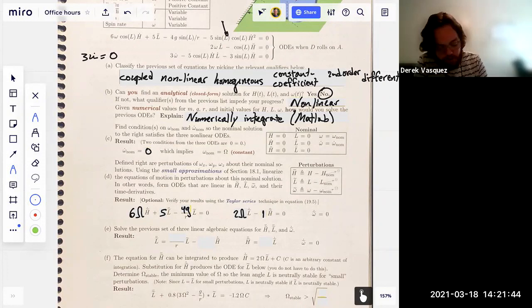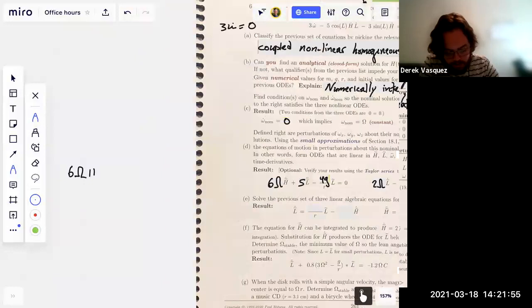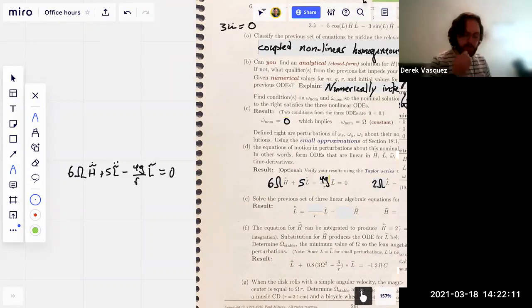So now let's go ahead and work it out over here. So we have 6 omega H tilde dot plus 5 L tilde double dot minus 4G over R L tilde equals 0. So I'm going to go ahead and isolate L tilde double dot.